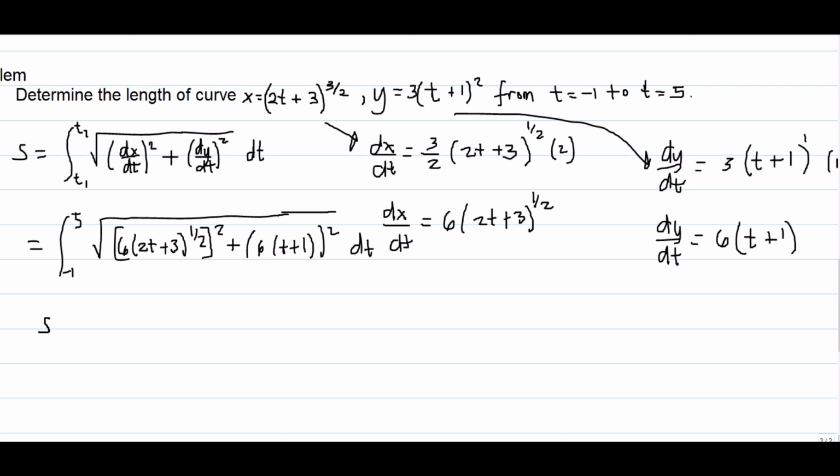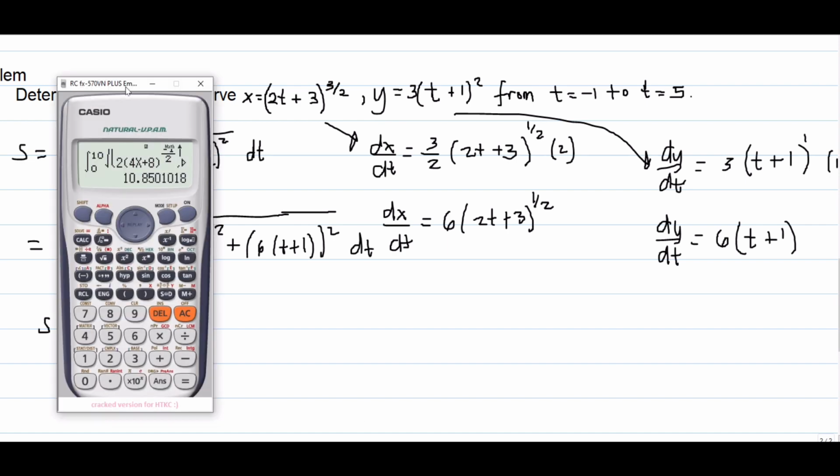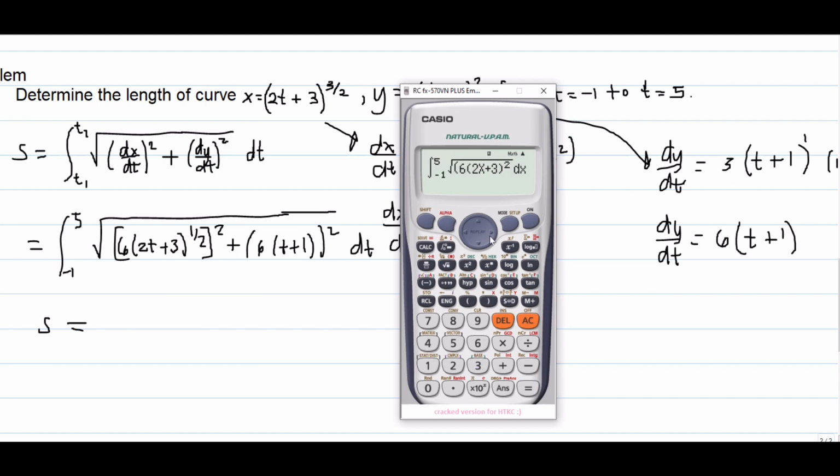Okay, so to make it easier, by using the calculator, we get the square root of the quantity of 6 times the quantity of 2x plus 3 to the power 1/2, squared, plus the quantity of 6 times the quantity of x plus 1, squared.